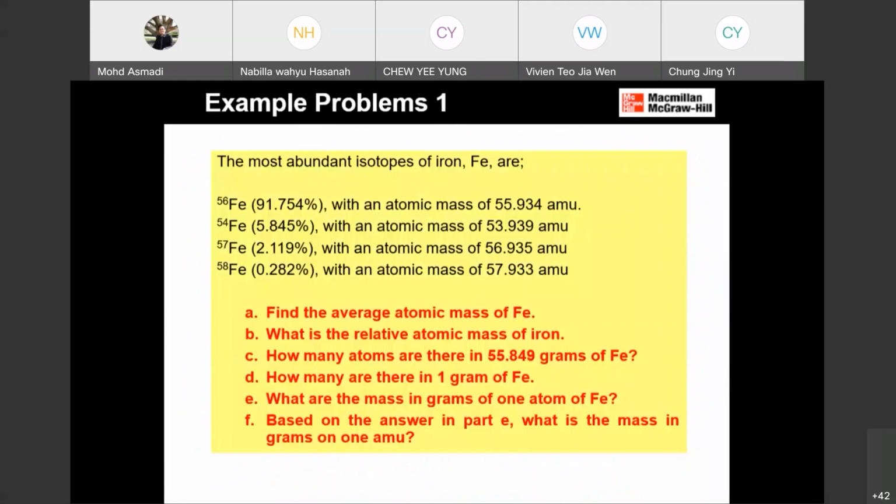Okay. Find the average atomic mass of iron. This is the isotope, right? What is the relative atomic mass of iron? How many atoms are there in 1 gram? And then what is the mass in gram of one atom of ferrum, iron? Based on the answer in part E, what is the mass in gram of 1 AMU? Can you do it and paste in the Jamboard?